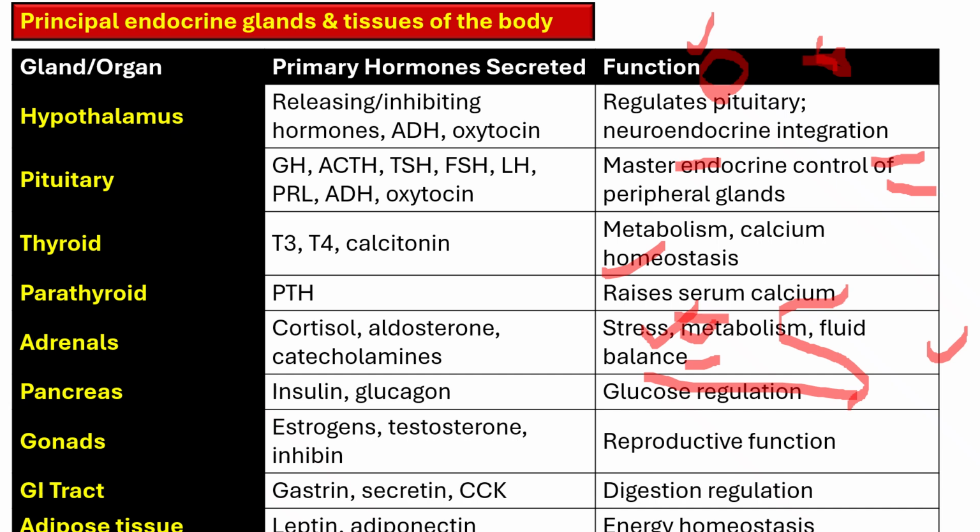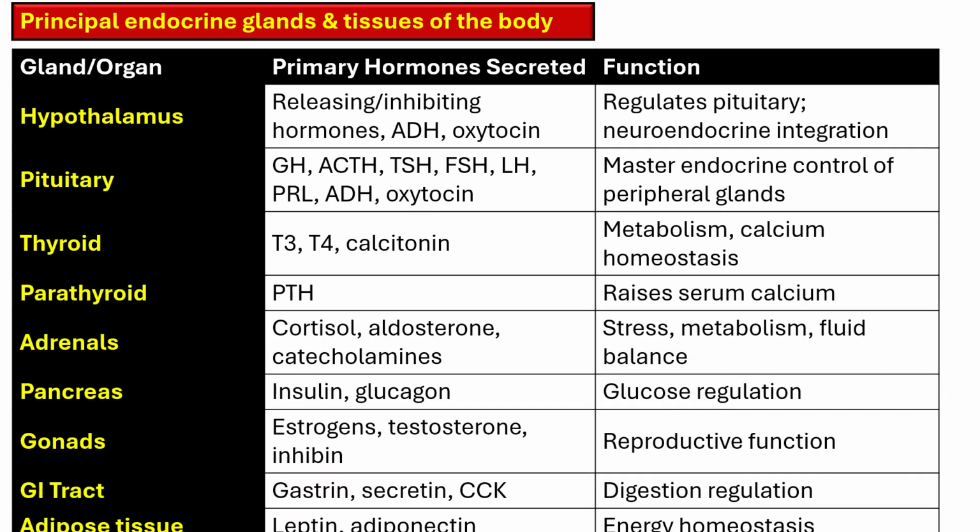This table is summarizing the effect. Here you can see that the hypothalamus secretes releasing and inhibiting hormones, and also ADH and oxytocin, which regulate pituitary and neuroendocrine integration.